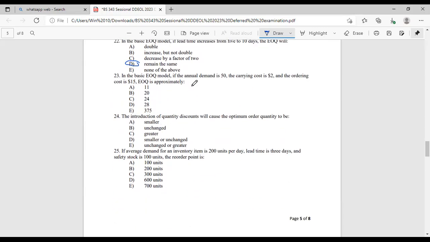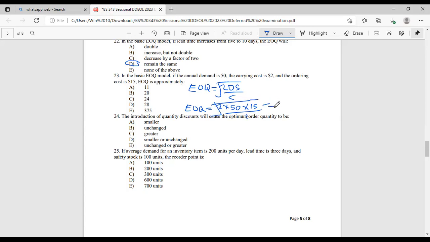So now here we are simply saying our EOQ for question 23 is equal to the square root of 2DS over C. So our EOQ will get down to 2 multiplied by the demand, which is 50, then multiplied by our S, which is 15, over what we have as holding cost, which is 2.